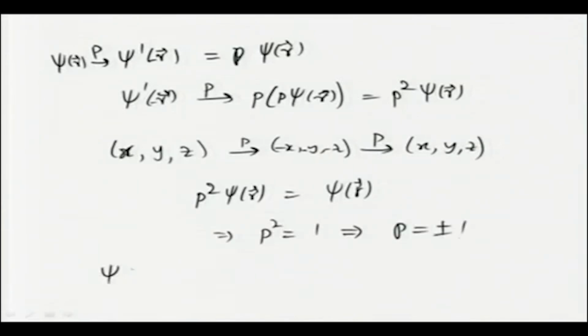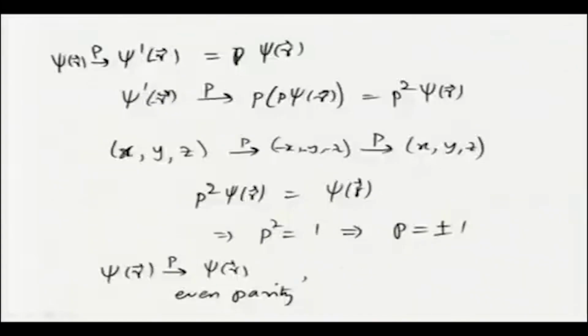So, if it is equal to plus 1, then we call it even parity; the corresponding physical system represented by psi of r is said to have even parity. If p is equal to minus 1, that is, psi of r goes to minus psi of r under the parity operation, then we call this an odd parity system.